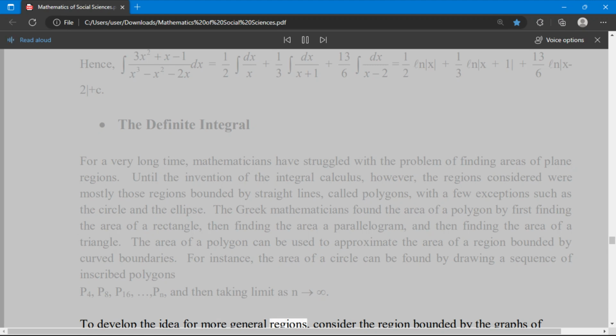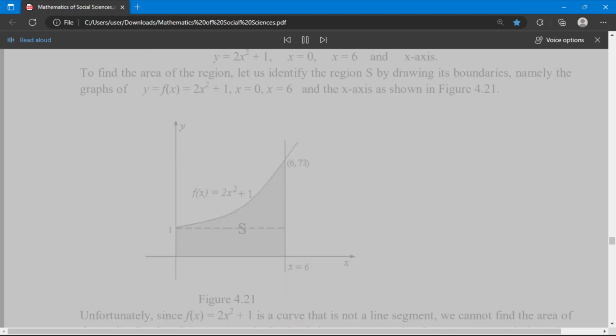To develop the idea for more general regions, consider the region bounded by the graphs of y equals 2x^2 + 1, x equals 0, x equals 6 and the x-axis.